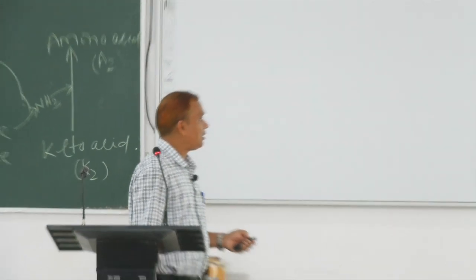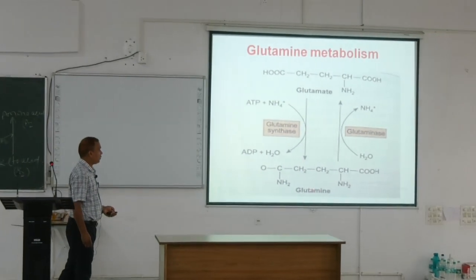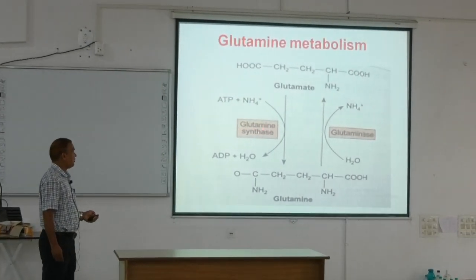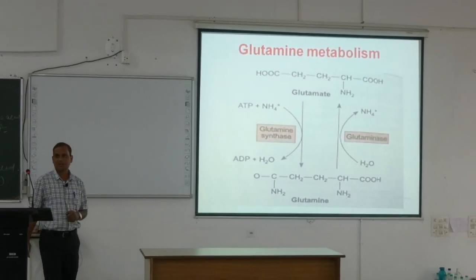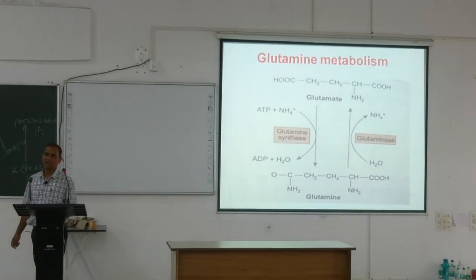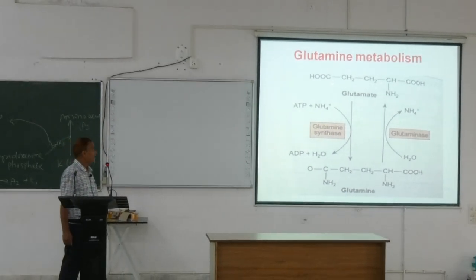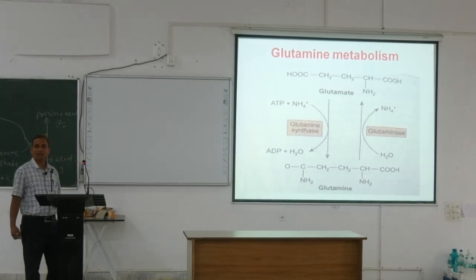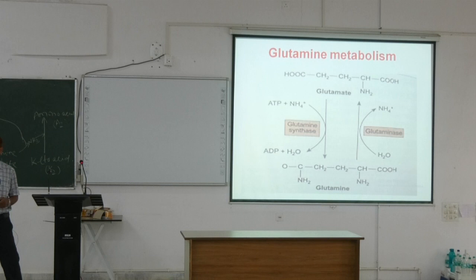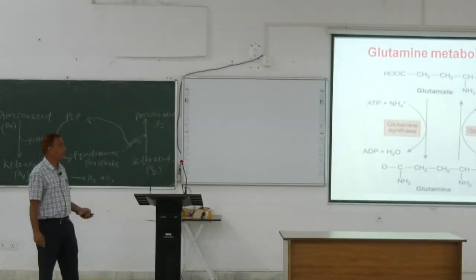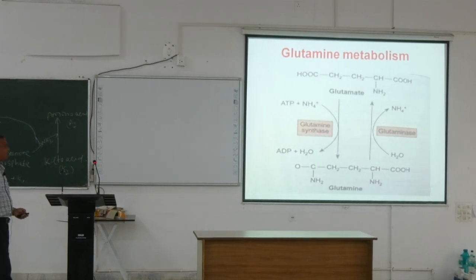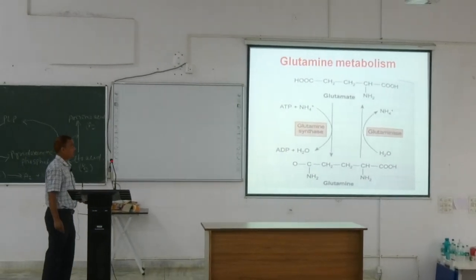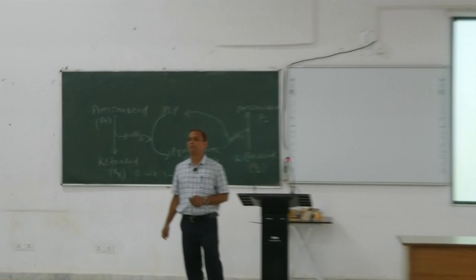So glutamate is converted to glutamine by the help of the enzyme glutamine synthetase. Here the excess amino group or ammonia will combine with glutamate, and it will form glutamine by the help of glutamine synthetase. This reaction is ATP dependent.